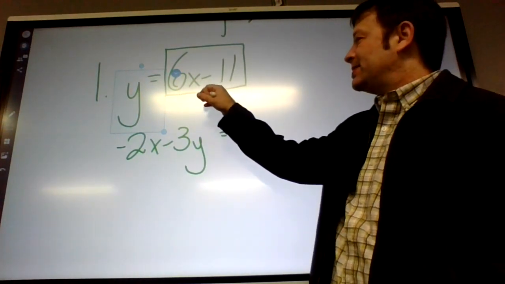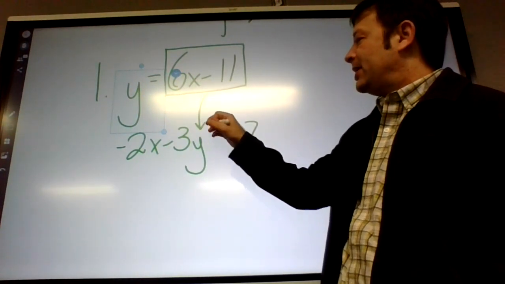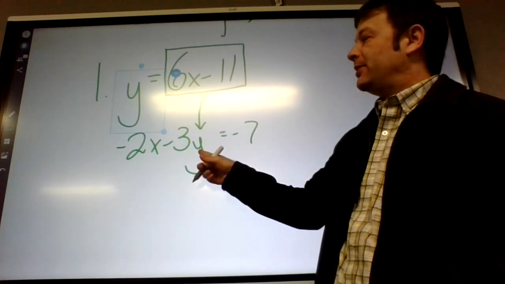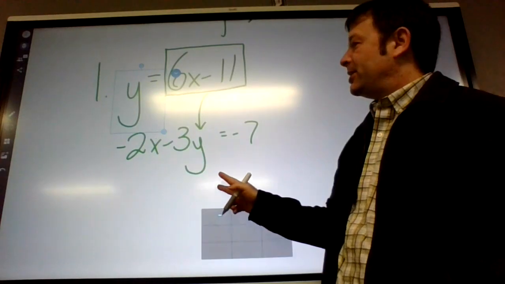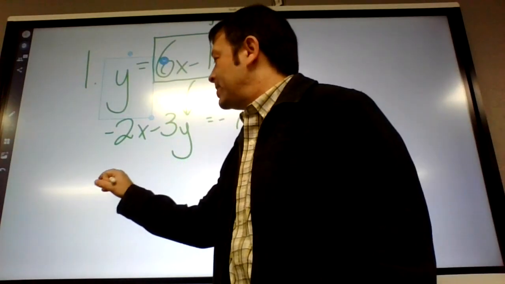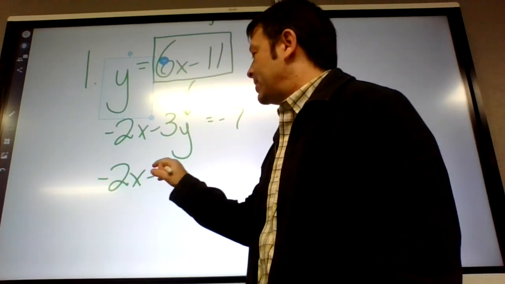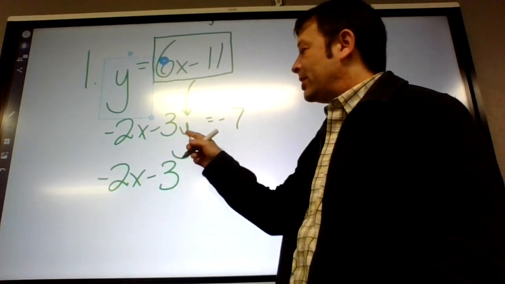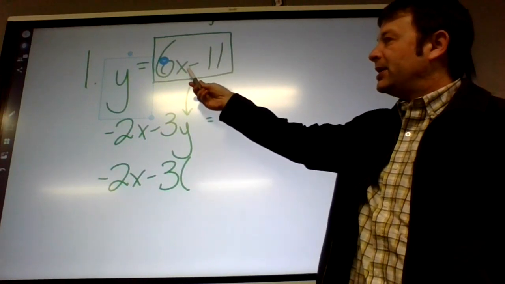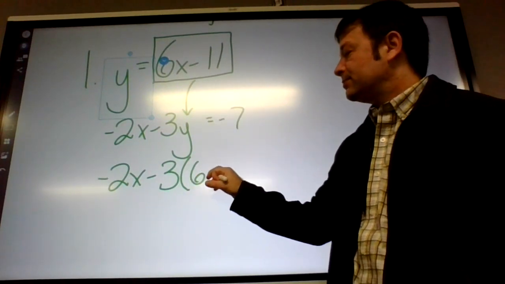So in the other equation, I'm going to replace the y with 6x minus 11. Okay, why does that help? Well, we'll see in a second. So this bottom equation, it's negative 2x minus 3 times y, but we're going to replace the y with 6x minus 11.